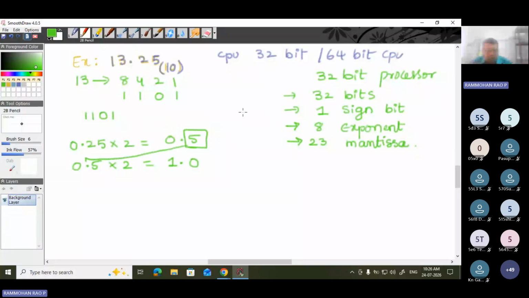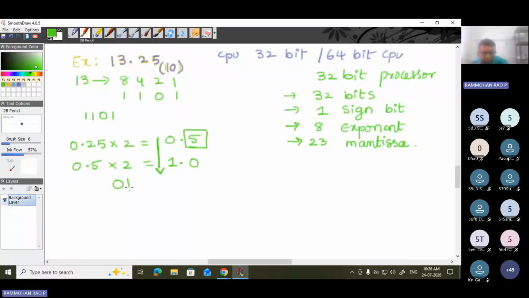I hope it is clear to you. So 0.5 into 2 is 1.0. This multiplication process you have to repeat till you get 1.0. I got 1.0 in only 2 steps. I'm lucky. Now collect these bits from top to bottom, the bits which are there before the point. So what is the answer? 0, 1.